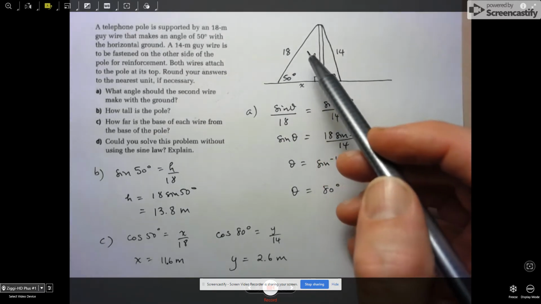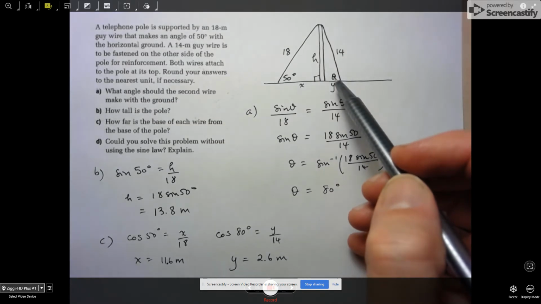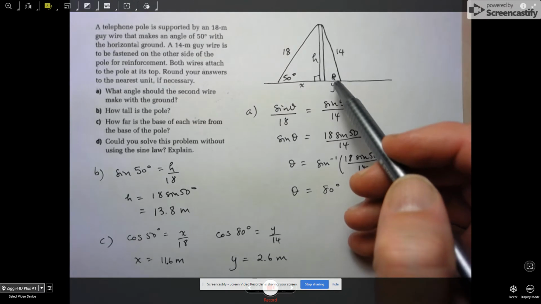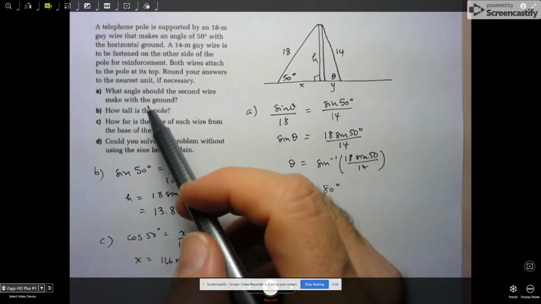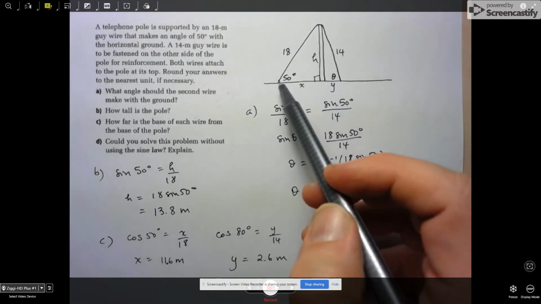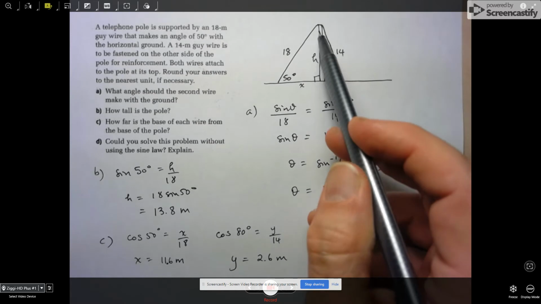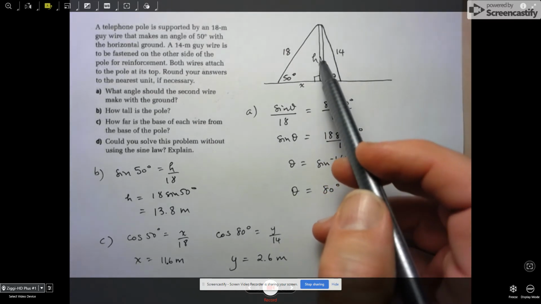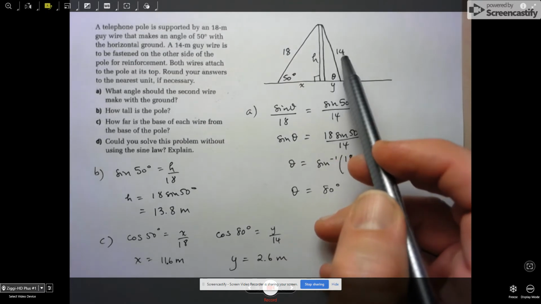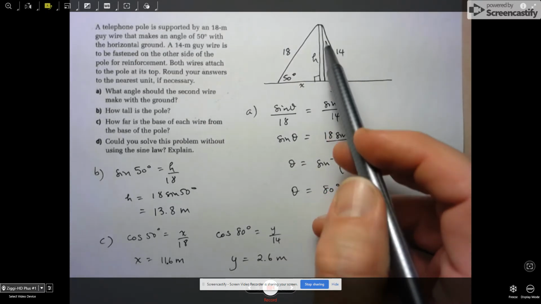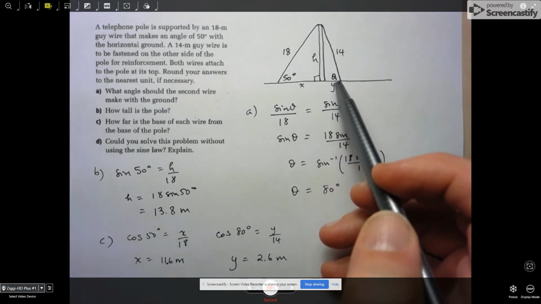Problem is I wasn't going to be able to solve for the theta first. So that, in some ways, I guess the answer is no, because if I'm forced to go in this order, I can't find the theta directly. But what I can do is first find the height, which is the opposite side in this right angle triangle, and then use the fact that it's the opposite, and I know the hypotenuse side in this right-hand triangle, and I could have solved for theta.